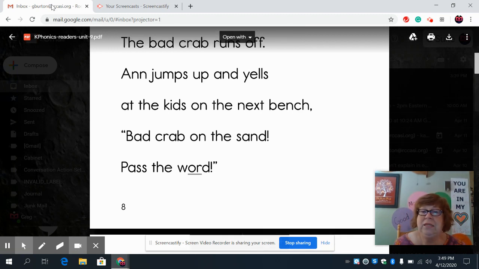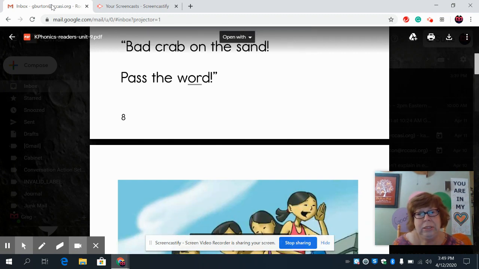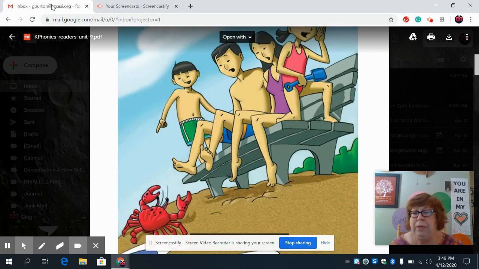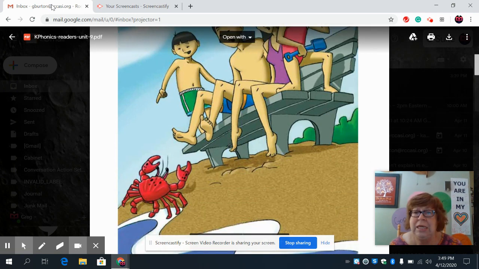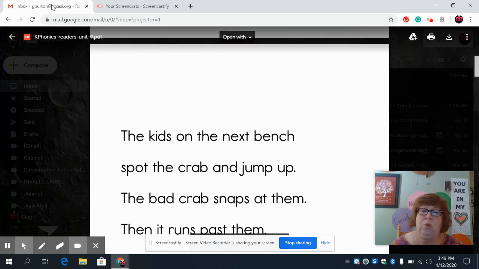Pass the word means to tell someone else. Usually, if you're saying pass the word, it's because there's a warning or you're wanting to get their attention. You're excited about something. So she's saying pass the word.